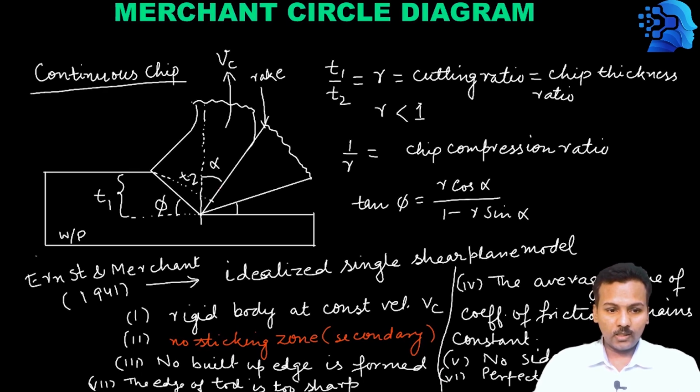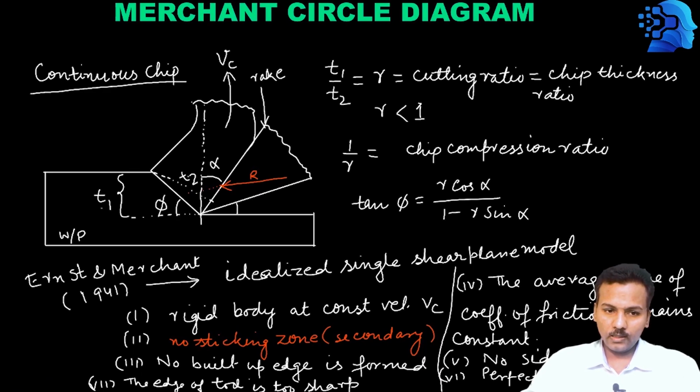The chip surface is in contact at two places. First, it is making contact with the tool, that means the tool and chip contact length. Suppose a force of magnitude R is acting by the tool on the chip material, and second, suppose the workpiece is applying a force R dash on the chip at the surface of the shear plane.